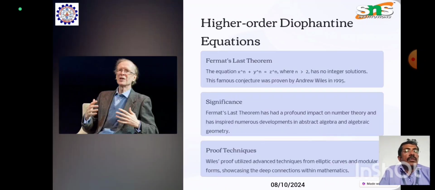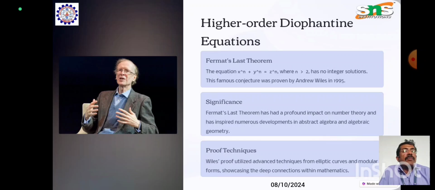The next topic is higher order Diophantine equations. Higher order Diophantine equations are like x power n plus y power n equal to z power n. Fermat has discussed something on these equations.